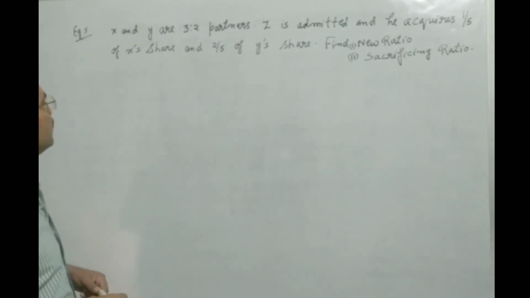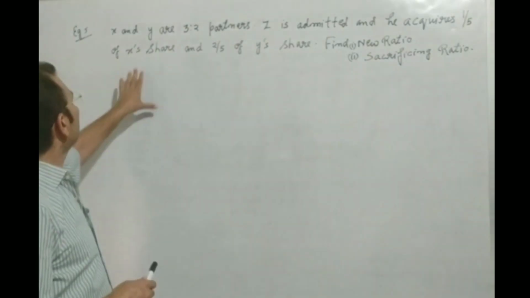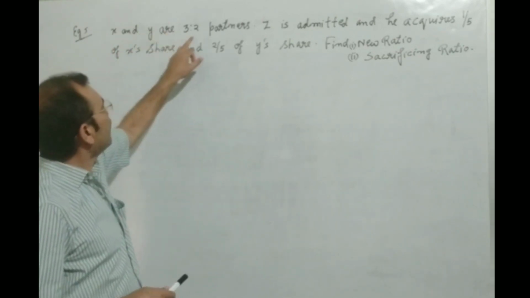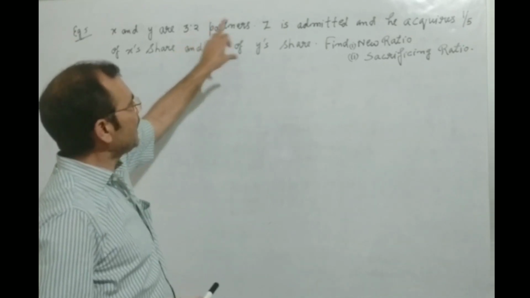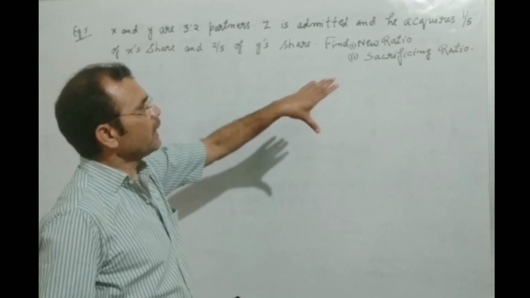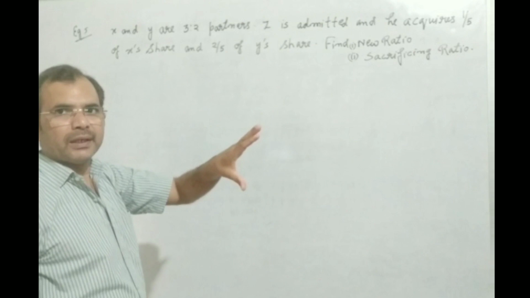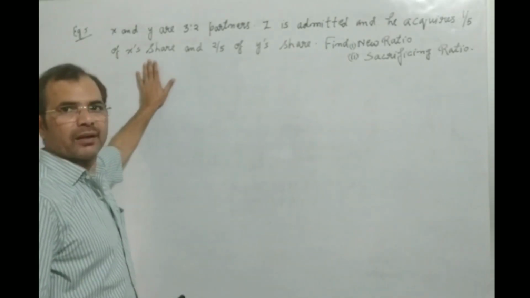So students, first of all we should understand this question before solving it. There are two partners X and Y. They are dividing their profit in the ratio 3:2. Z is a new partner. He comes and he acquires 1/5. Not only 1/5, here is a point. 1/5 of X's share.